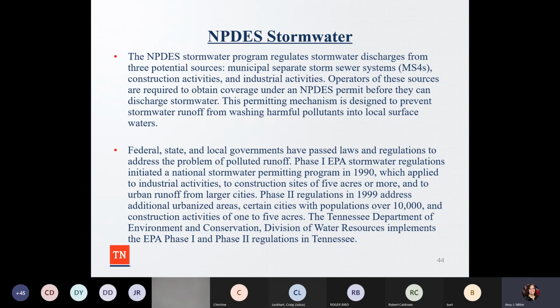And then the Tennessee Department of Environment and Conservation Water Resources implements these 2 phases of regulations in Tennessee. So again, it's not just 5 acres or more. Now it's 1 to 5 acres. So again, if you have development that's coming into your community and you need help, make sure you reach out to the Division of Water Resources for help.